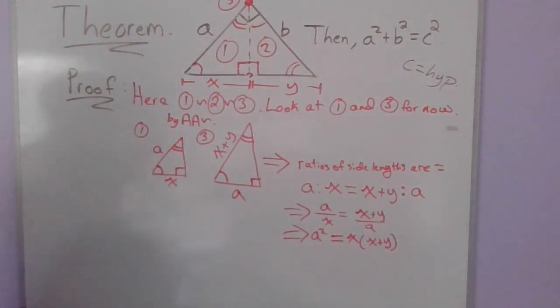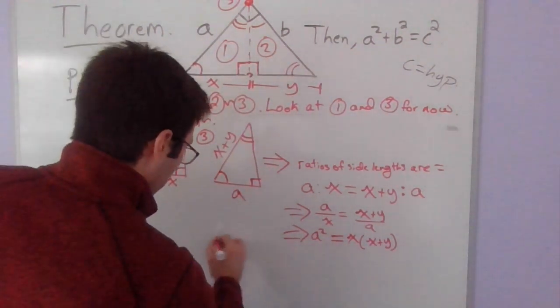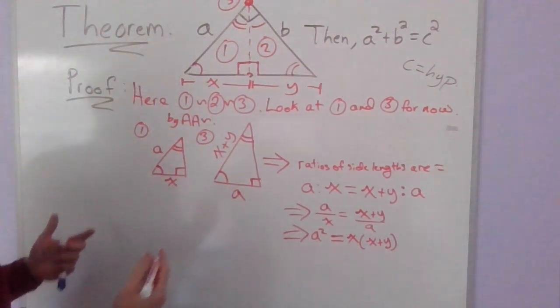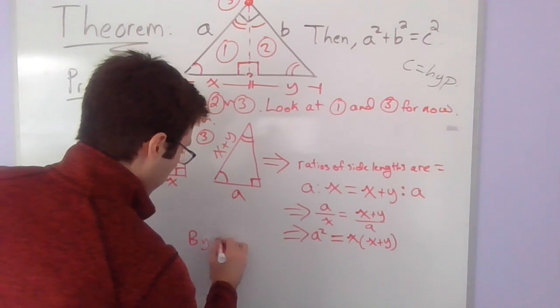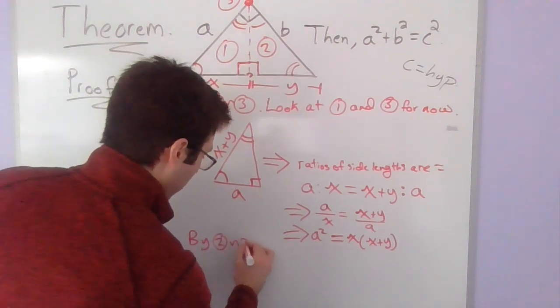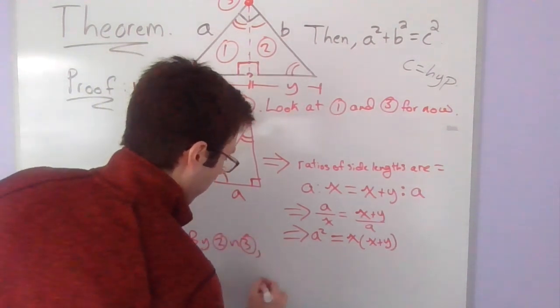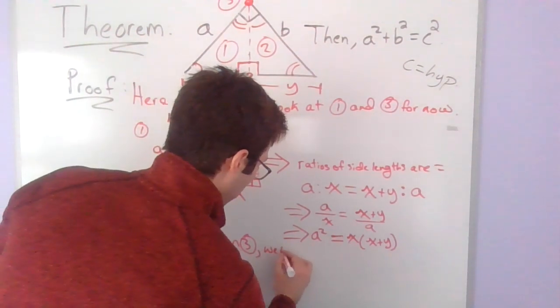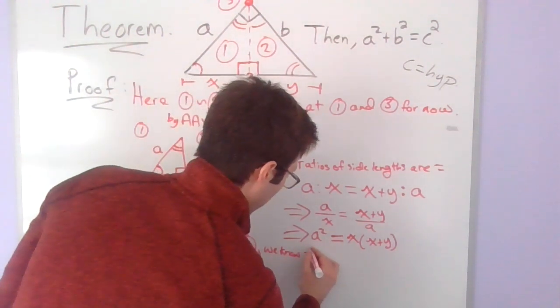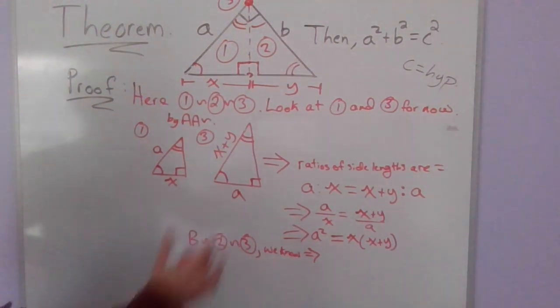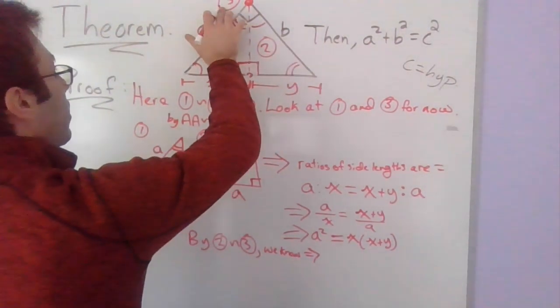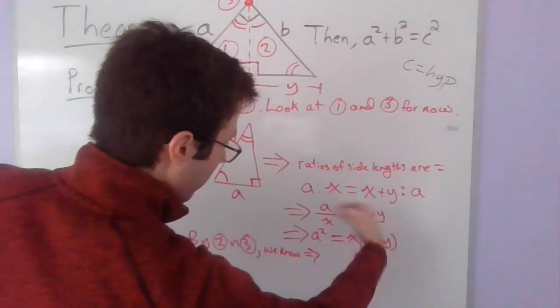And also, for the same reason, by 2 and 3 being similar to each other, we know that this implies, it's the same reason as all this stuff right here.